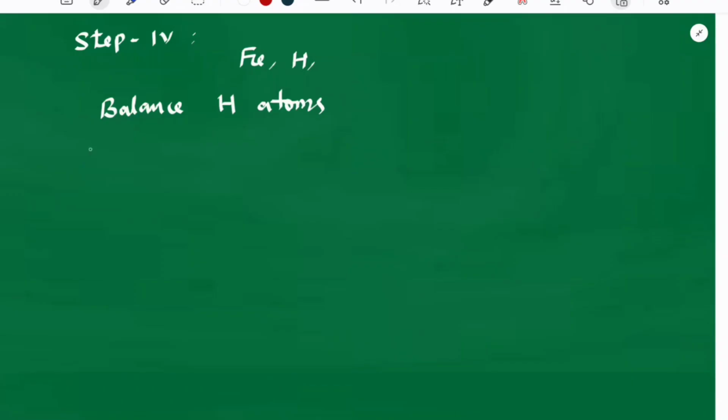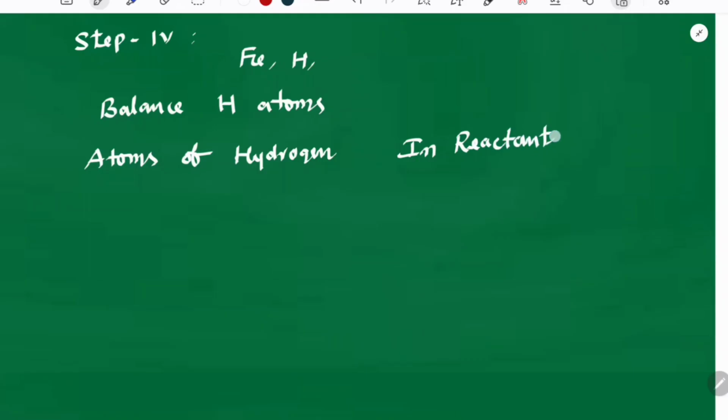So atoms of hydrogen in reactants and in products. Okay, so atoms of hydrogen: first, here what you can write is the initial count, to be balanced.